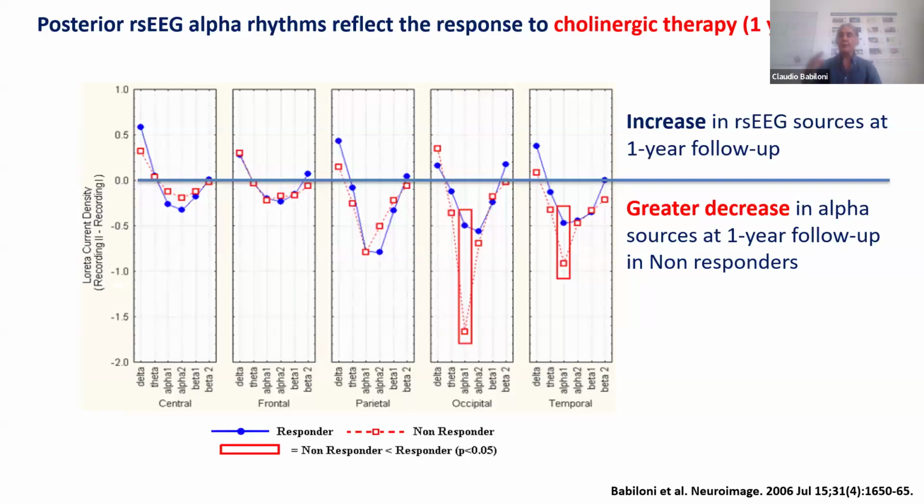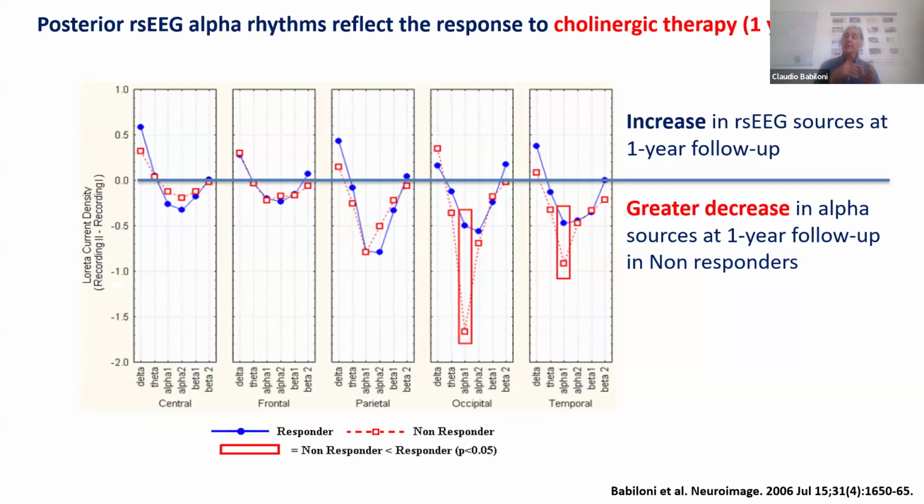And we confirm this relevance of the cholinergic system to maintain the vigilance level with another experiment. And this is the last slide today. In this experiment, we enrolled Alzheimer's disease patients with mild to moderate dementia. And we recorded resting state, eyes closed EEG before starting the cholinergic therapy.